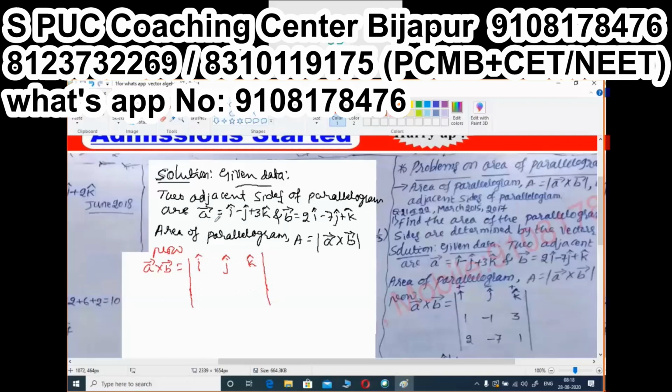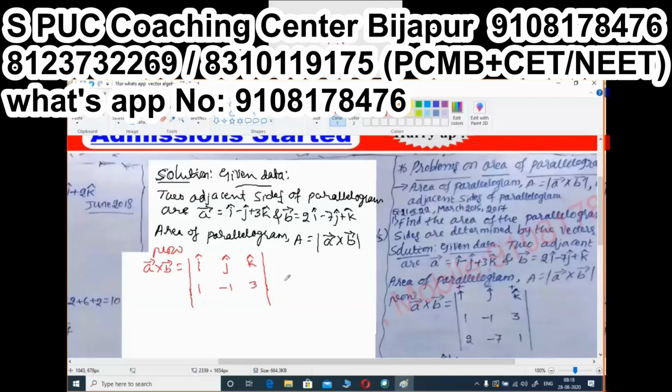Second row, you have to use the first vector, coefficient of i cap, that is 1. What about the coefficient of j cap here? That is minus 1. Next coefficient of k cap is 3.